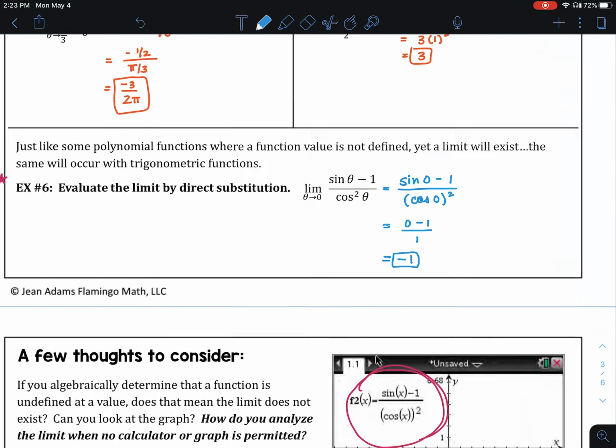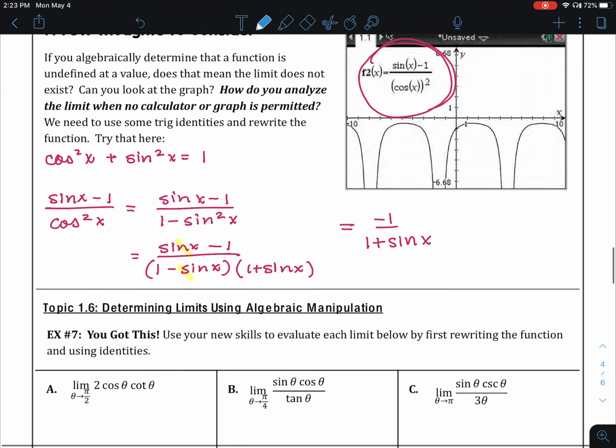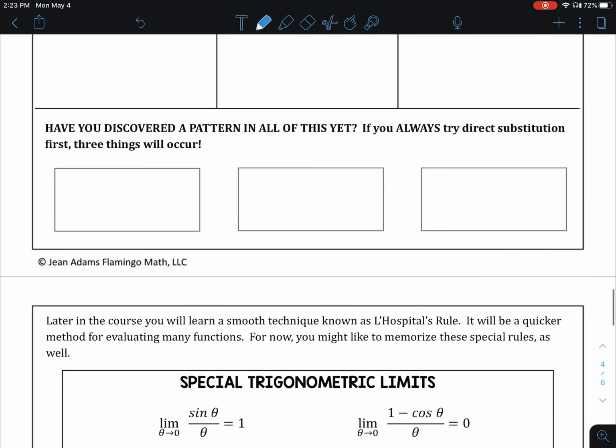Okay, so that recaps what we did yesterday. If I scroll down to ask whether you have discovered a pattern in all of these types of problems yet, I would say the first thing we discovered is sometimes you can get a number value. You can get a number by just directly substituting.